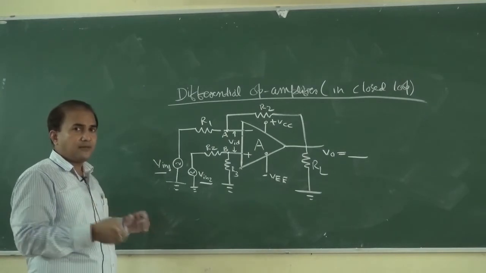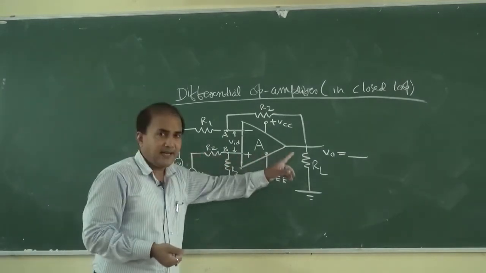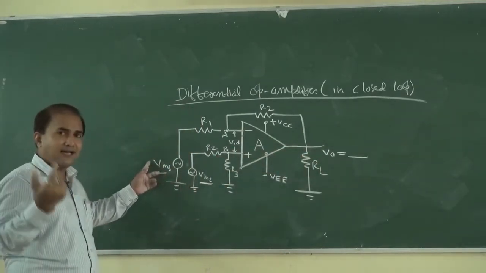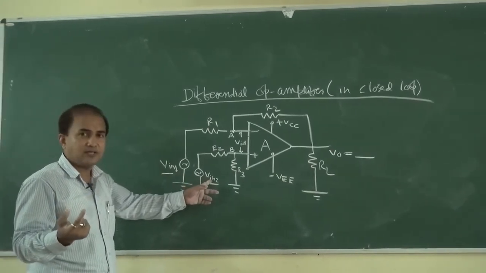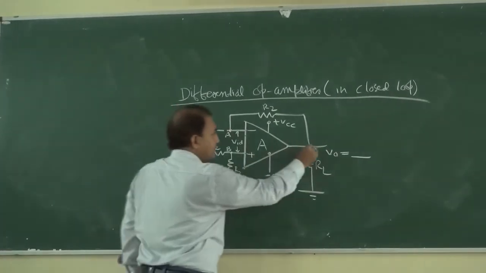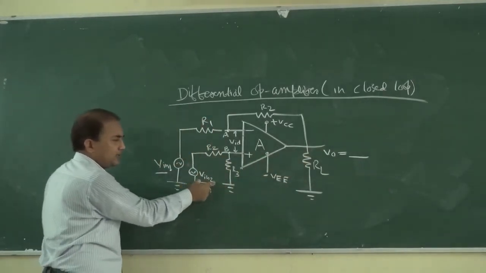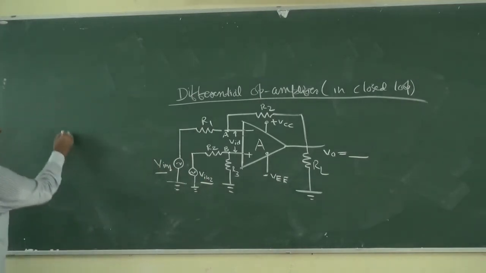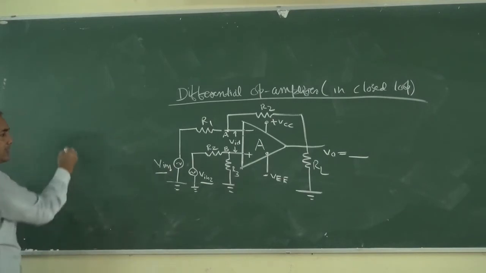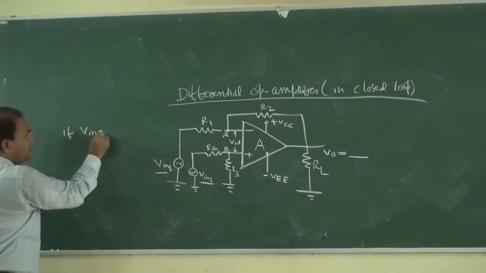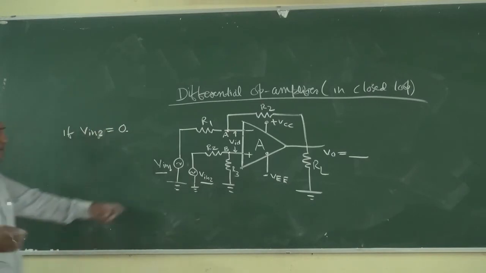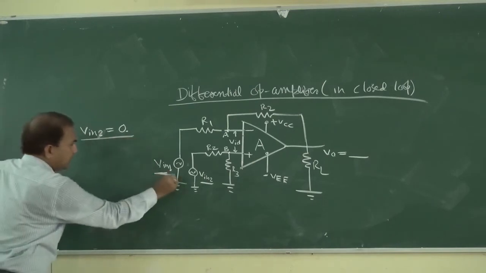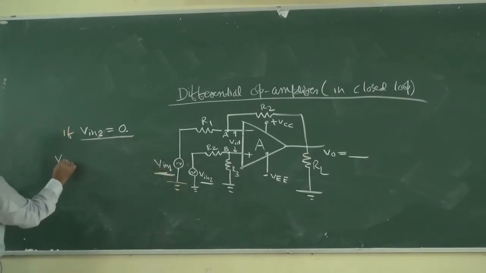In the superposition theorem, first of all we will calculate V output if only V in 1 is applied and V in 2 is equal to 0. Then we will get V output when only V in 2 is applied and V in 1 is not applied. So by using the superposition theorem, if V in 2 is equal to 0 and we consider only V in 1, what will be V output 1?